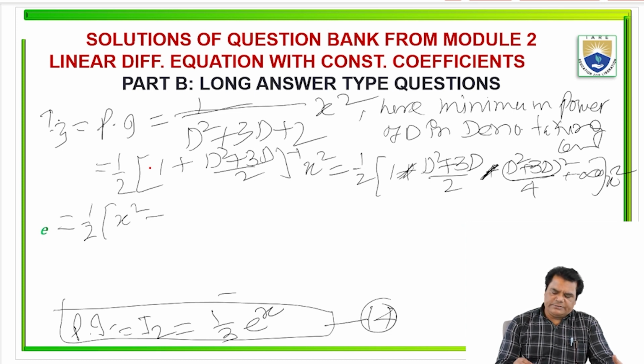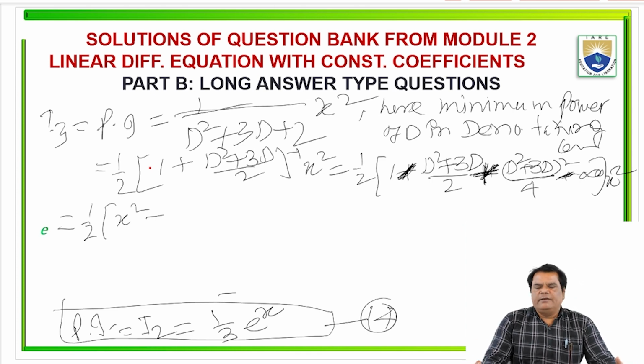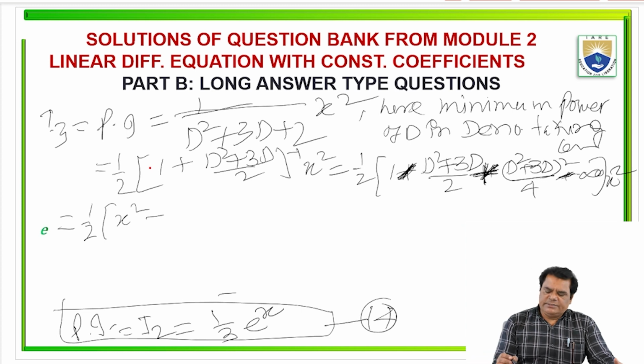So this minus and this plus. Okay, next this minus. Other terms we are not taking, higher degree, higher power we are not taking here because this is x squared. Differentiation of x squared, D of x squared is 2x, D squared of x squared is 2, D cubed of x squared is 0. So higher terms we neglected here.